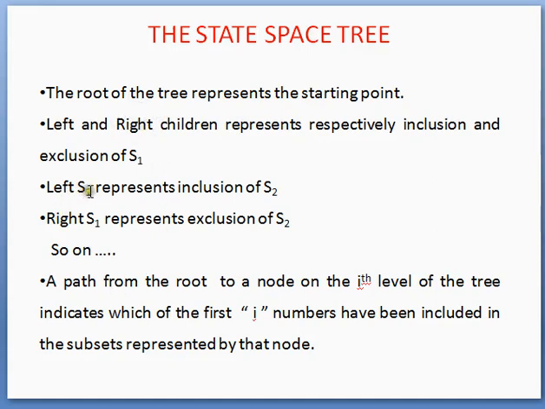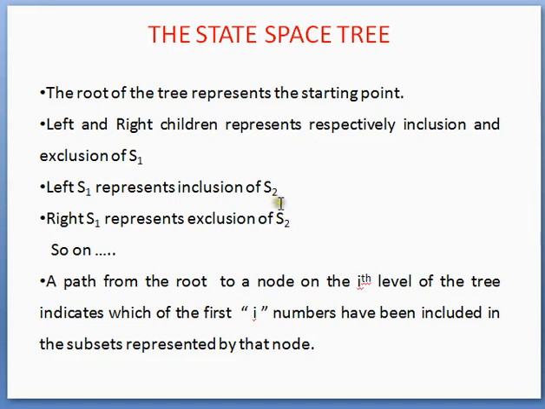So left of S1 represents the inclusion of S2, right of S1 represents exclusion of S2. In the same way, in the next level left of S2 will be inclusion of S3, right of S2 will be exclusion of S3.